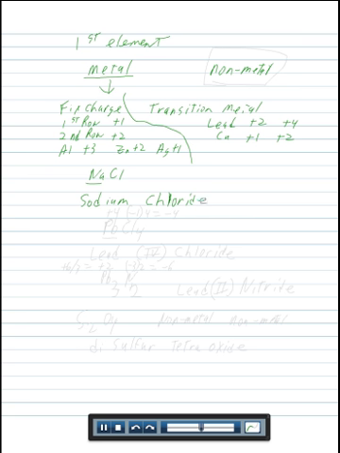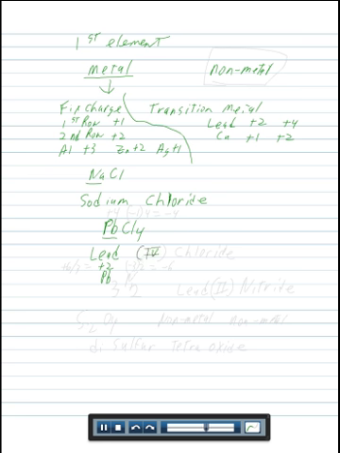What if it's a transition metal? What if instead I get a compound, for instance, that is PbCl4? Pb is a metal, but in this case it's a transition metal, so I'm going to have to include its Roman numeral. Pb is lead, first of all, but then I'm going to have to include a Roman numeral after it.